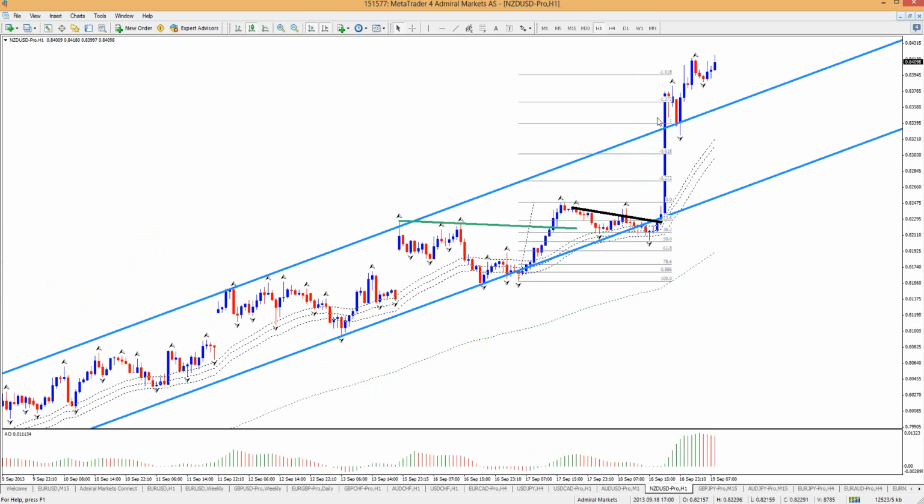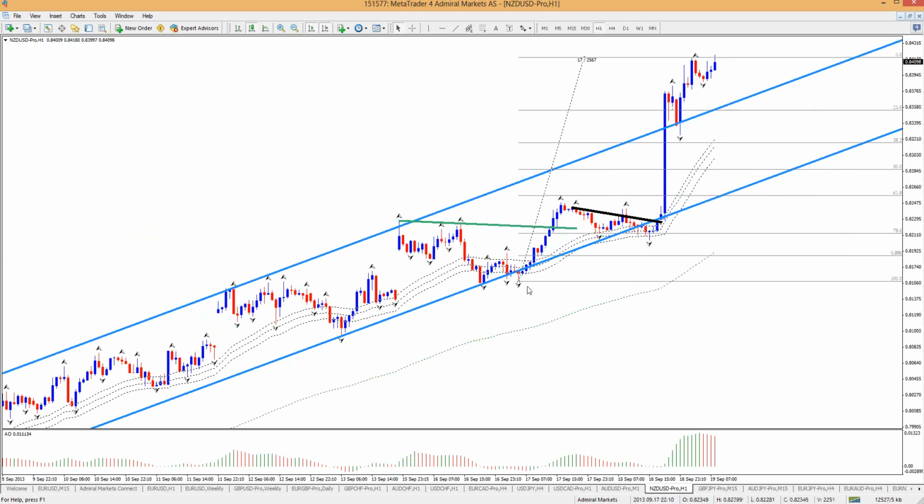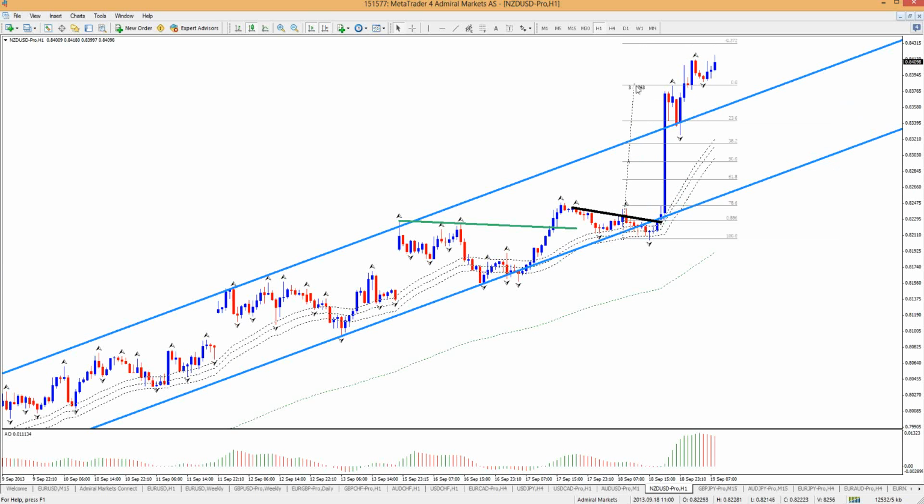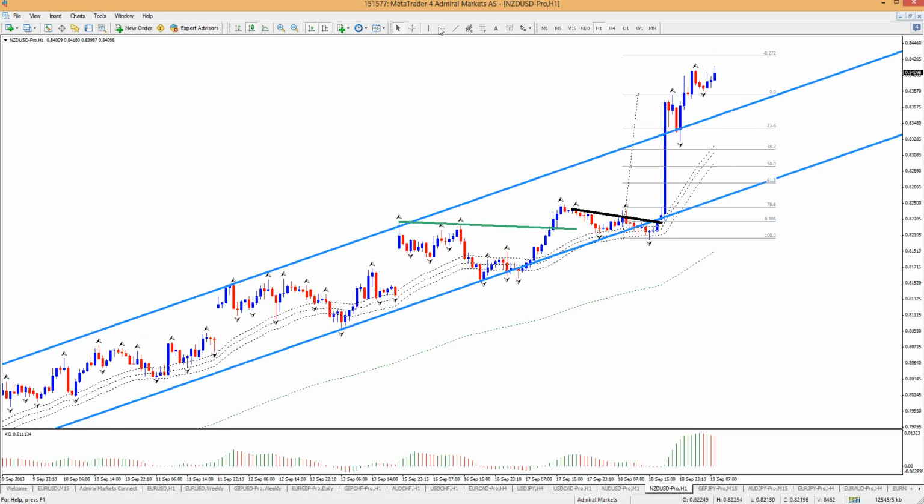So probably can move up this fib to the next high, and any of these fibs could be already a resistance level. In fact, if you fib the first move up, we got a 236 bounce, and we're heading to target. So probably we'll get a small stall at the 84.30.